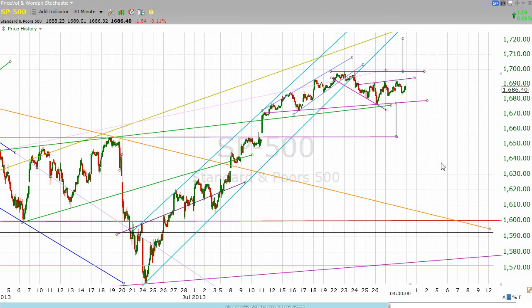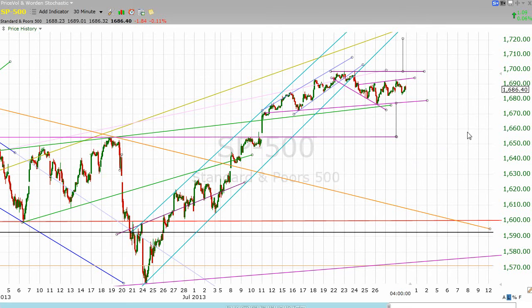So we got the lines in the sand drawn. This is the lower line. If that breaks, then I would expect weakness down to the 1650s. And if that doesn't produce a bounce, then look for weakness on down in the low 1600s, where we should get support around 1600.